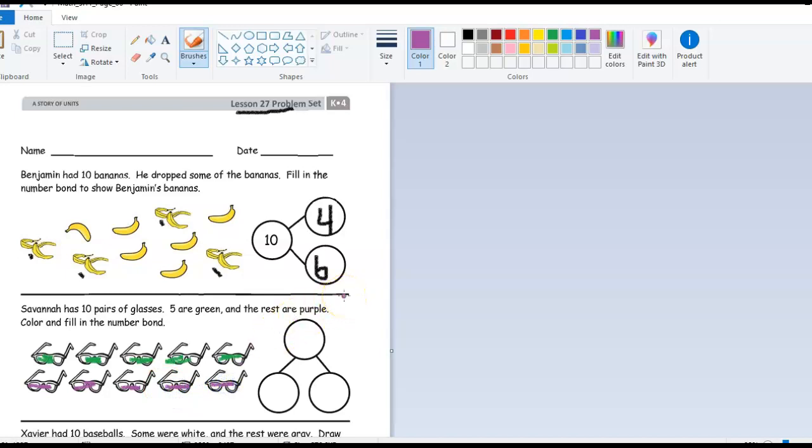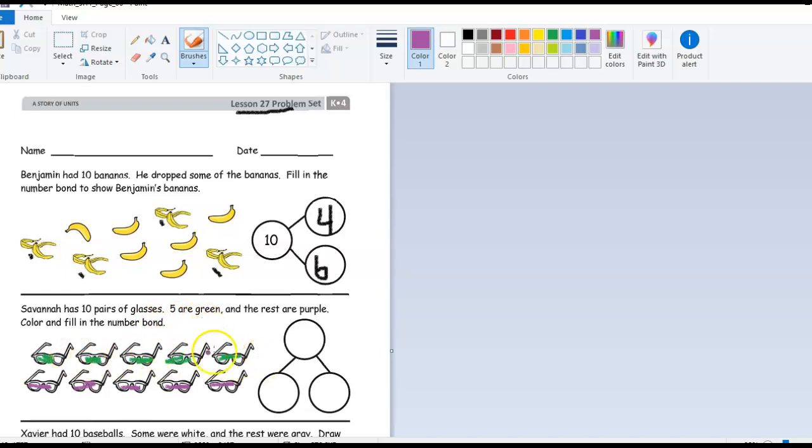Now, keep in mind, there are 10 glasses altogether. So 10 is your, yes, 10 is your whole. So you will write your number 10 in the whole. 5 are green. How many are green?